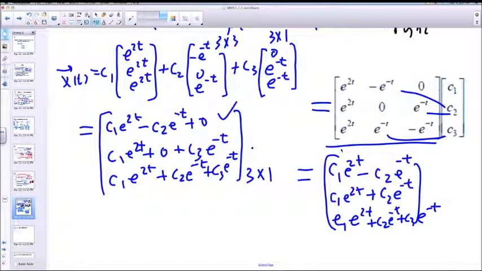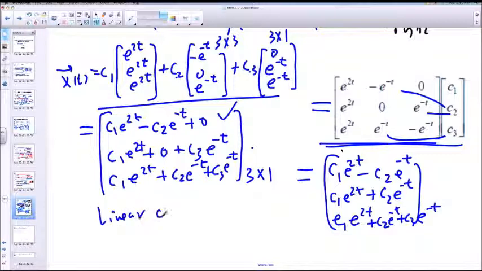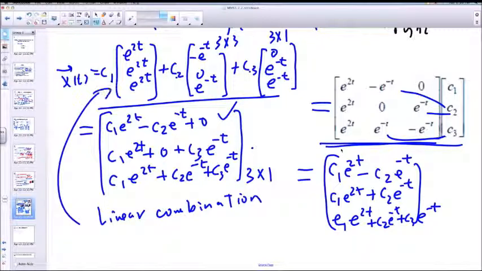So that's one way, and this way is exactly the same. So a general solution can be written as a linear combination, like this.